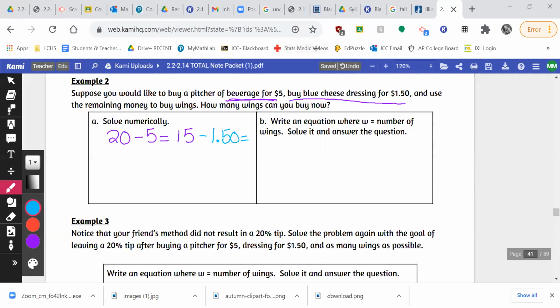So now I have $13.50 left. So with my $13.50 left, I'm now going to divide by 0.25 to get how many wings I can get, which would be 54 wings.